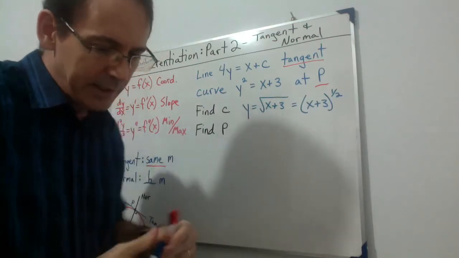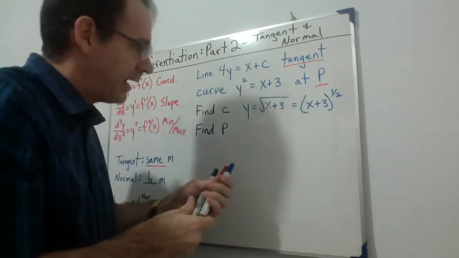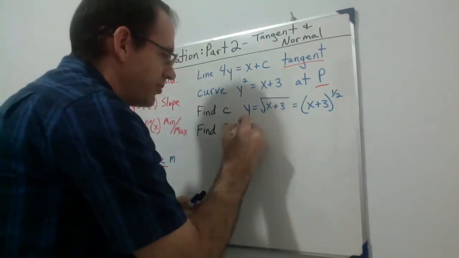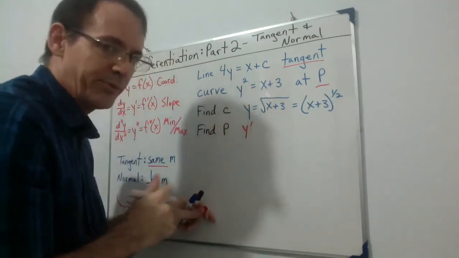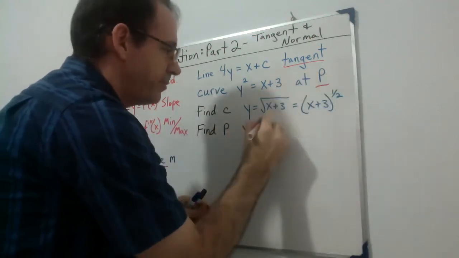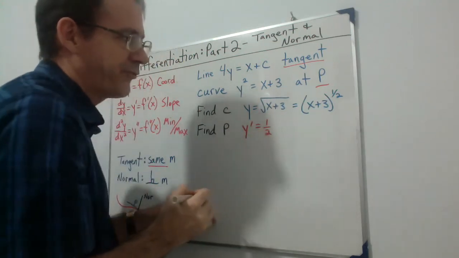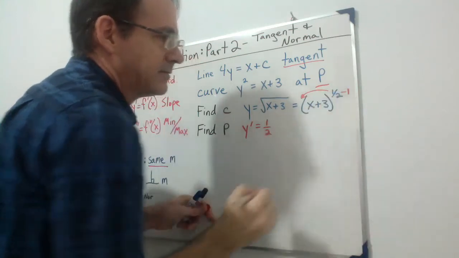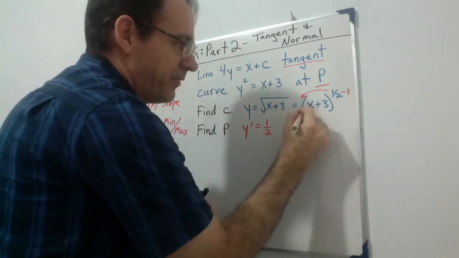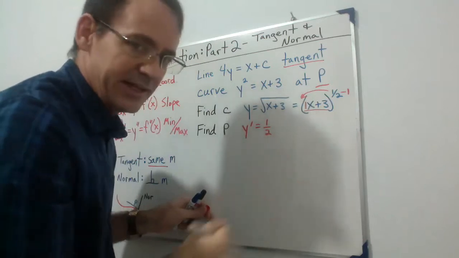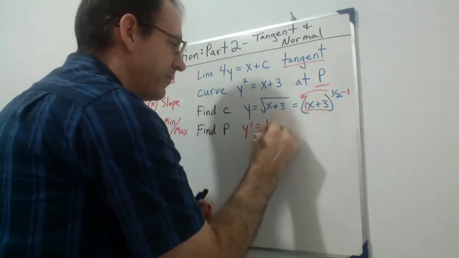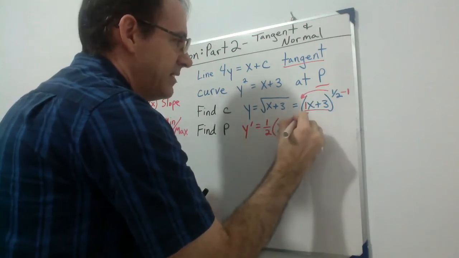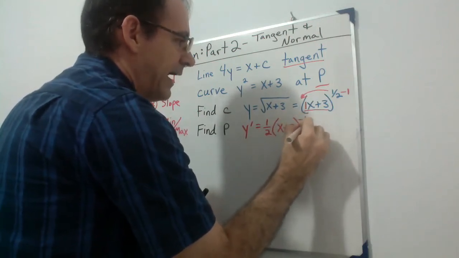Now, when we do this, we can write it in our derivative notation. We're just going to use y prime. Multiply the 1/2 to the front, subtract 1, and then do the derivative of the inside, which is just 1. So we get 1/2 x plus 3 to the negative 1/2.